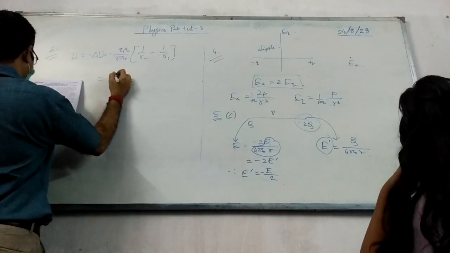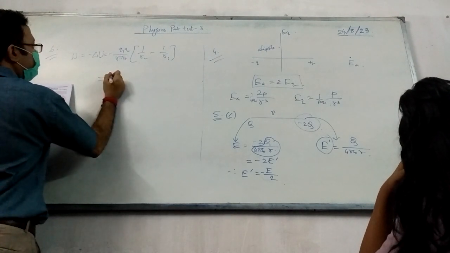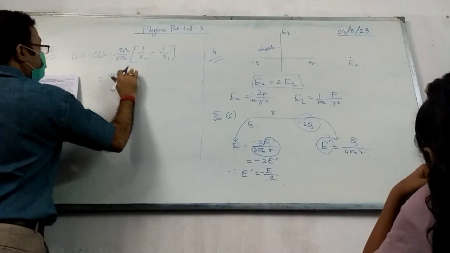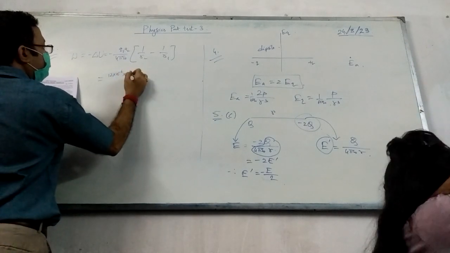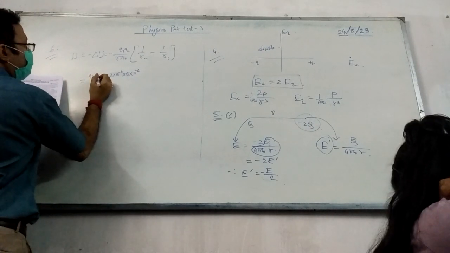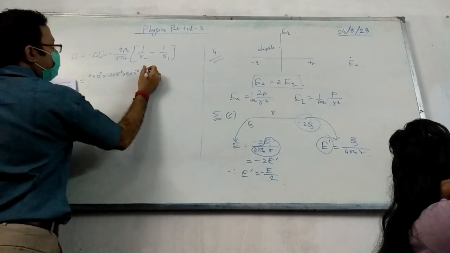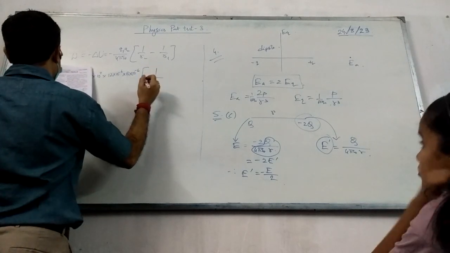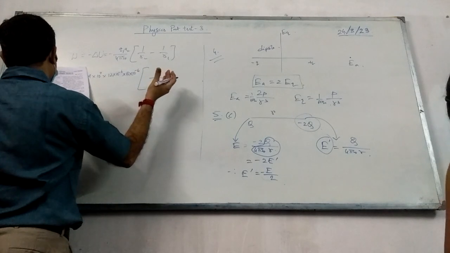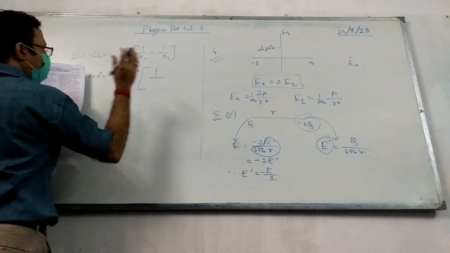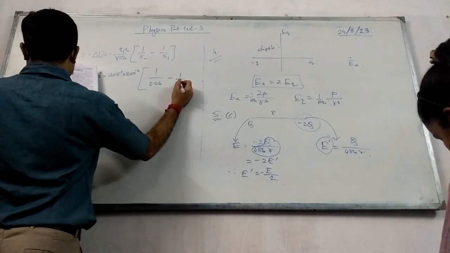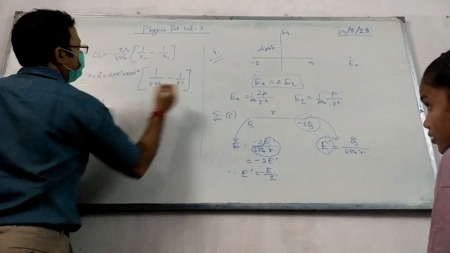So we just have to put in the values and find the answer. q1 and q2 are 12 and 8 microcoulombs. So 12 into 10 to the power minus 6 into 8 into 10 to the power minus 6 into 9 into 10 to the power 9 for 1 by 4 pi epsilon naught, and 1 by r2 minus 1 by r1. 4 centimeter closer means 6 centimeter, so 1 by 0.06 minus 1 by 0.1.